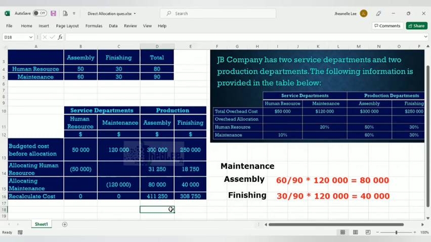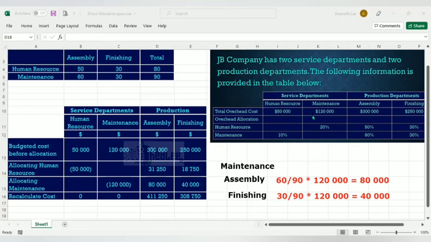Now, we can check if we're actually correct. If you go back to the question, looking at the costs coming from each department, human resource 50,000, maintenance 120,000, assembly 300,000, and finishing 250,000. The total of those costs is 720,000.